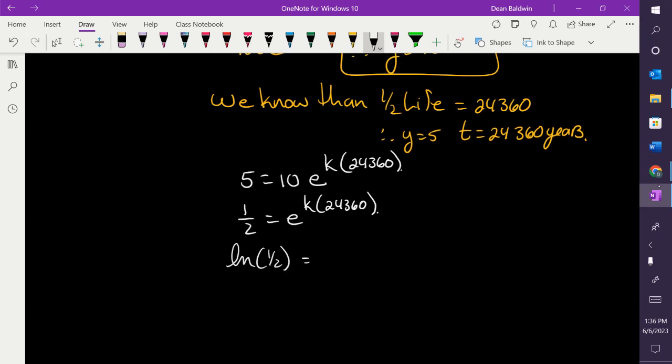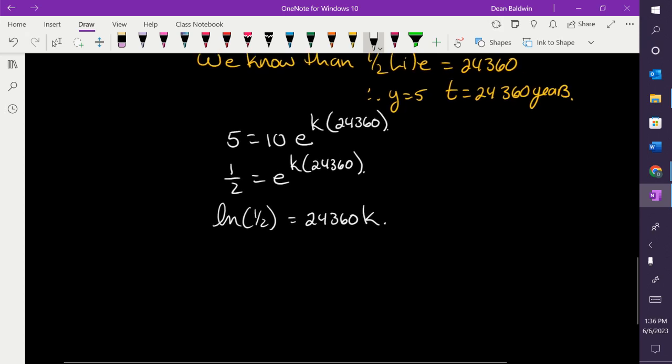If you natural log e, you just get the exponent, right? We want a natural log because our unknown is up in the exponent. So we want to get rid of the base, essentially, bring it down. Natural log of 1/2 is equal to 24,360 times k. And you just divide natural log of 1/2 by 24,360.